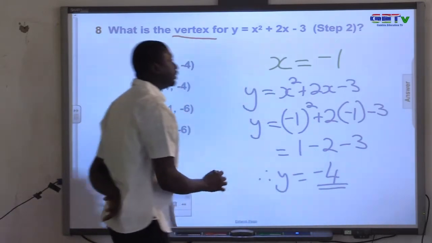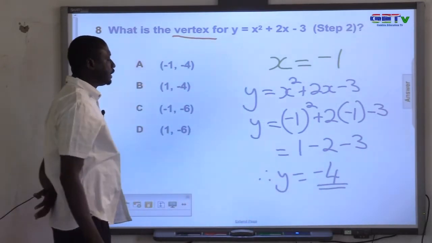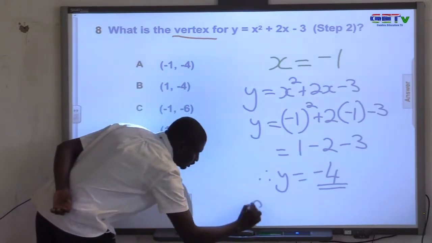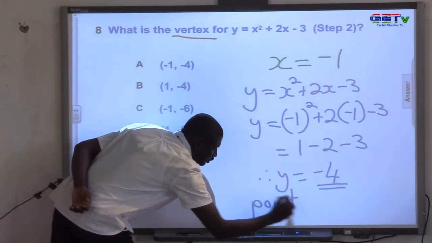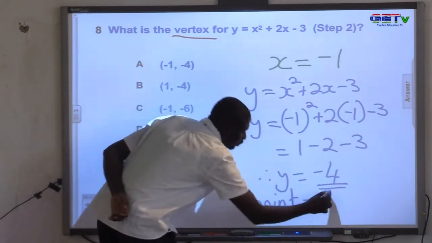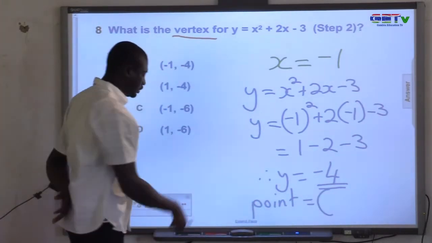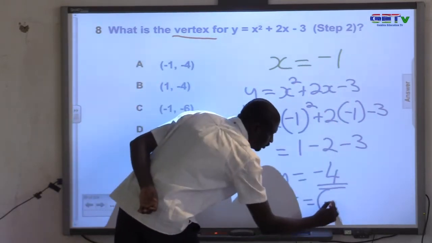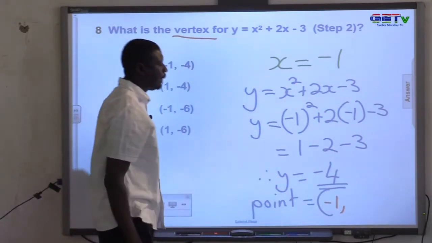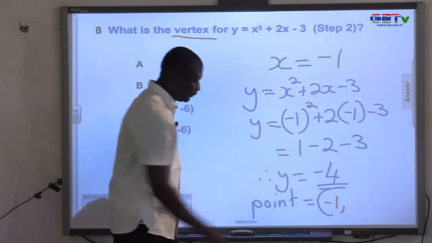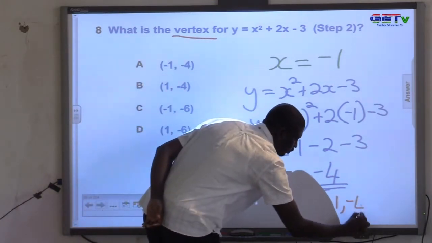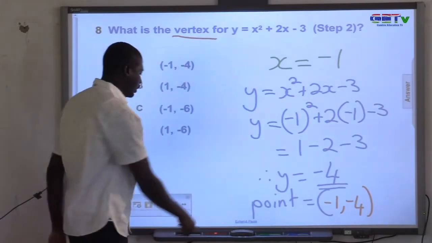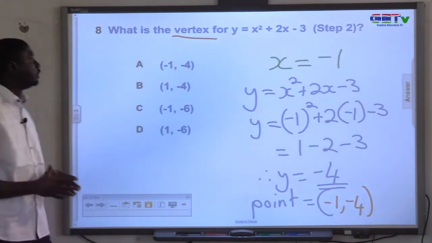So the coordinate for the vertex will be the point where we put the x value first. Our x value is negative 1, comma, negative 4. This will be the point for the vertex.